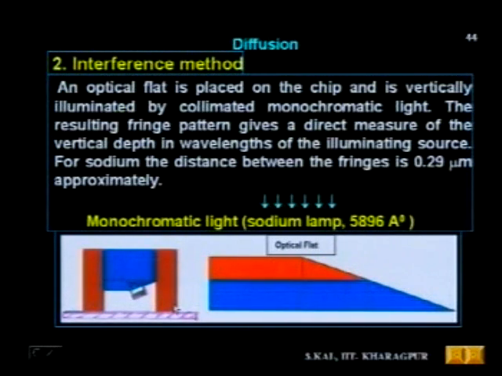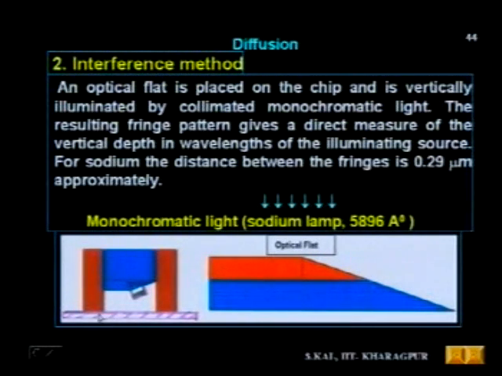The red is the cross section view of the hollow cylinder, and this is the solid cylinder. On the solid cylinder, one edge is cut like that, at an angle of 1 to 5 degrees, and your diffused wafer is fixed with the help of some wax or something like that at this particular edge.